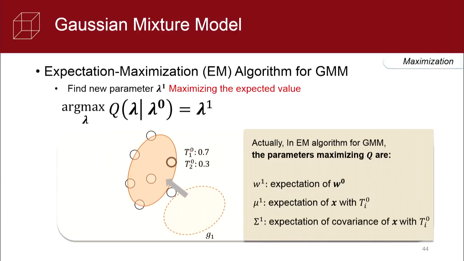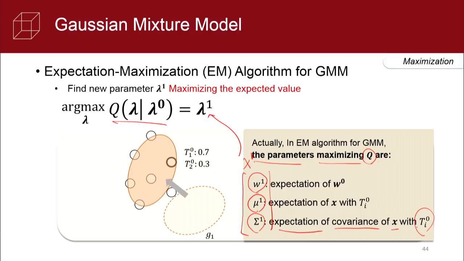So basically, in the EM algorithm for the Gaussian mixture model, the parameters that maximize Q are indeed, for example, W1, which is the expectation of W0, and mu1, which is the expectation of X with the membership probability TI, and sigma, the parameter of 1 that maximizes this function, which is the expectation of the covariance of X with the membership probability TI.